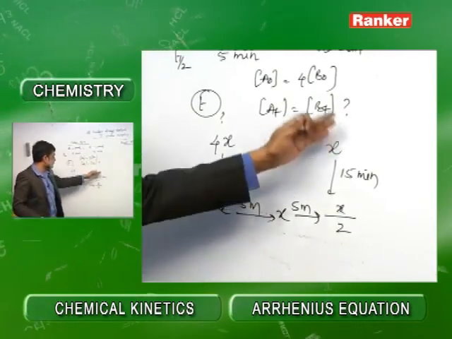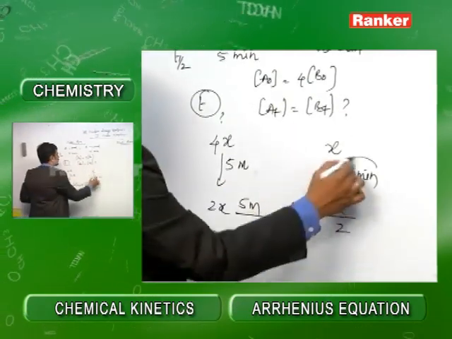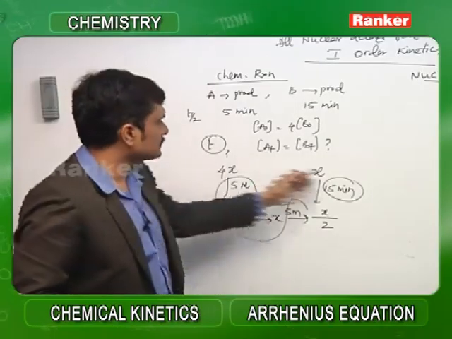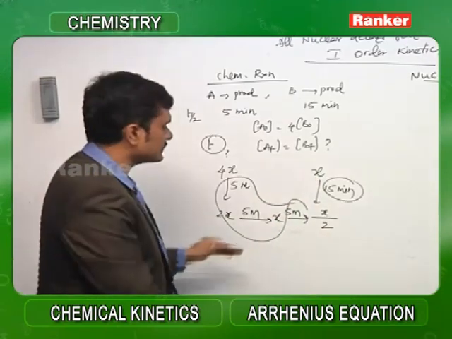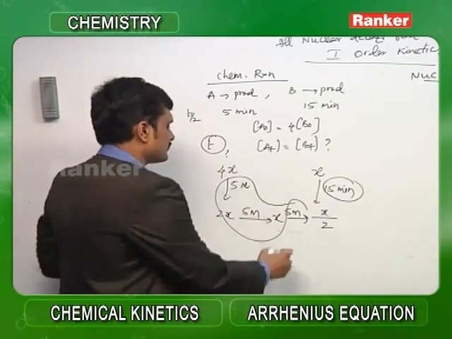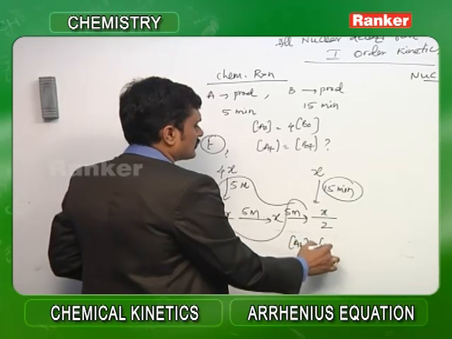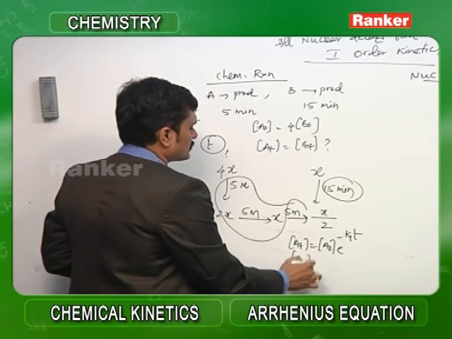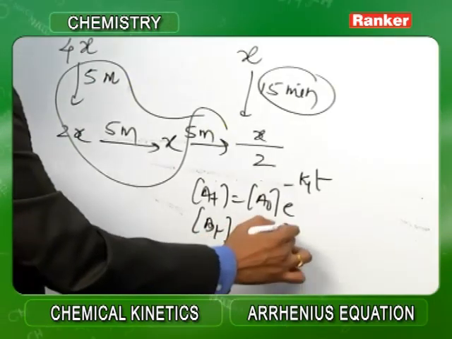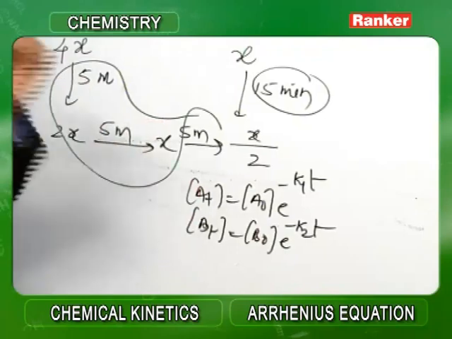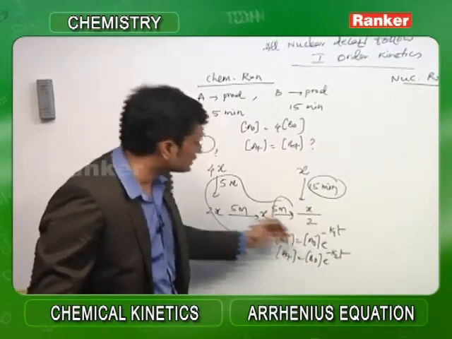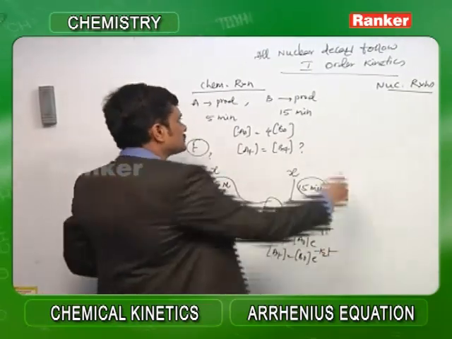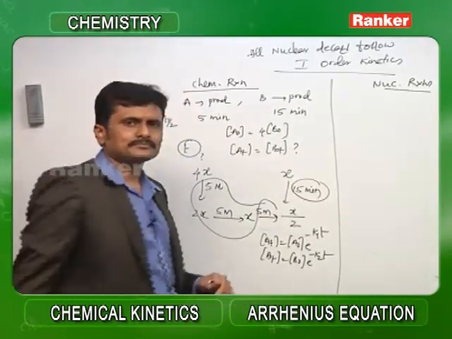So the concentrations of A and B turn out to be equal at the 15 minute span. You can see this clearly. Otherwise we would take the lengthy equations, A t equal to A naught e power minus k t and B t equal to B naught e power minus k2 t, substitute the half-lives, equate A t with B t and solve in a little complex manner. But if you depend upon the concepts, it will be much simpler.